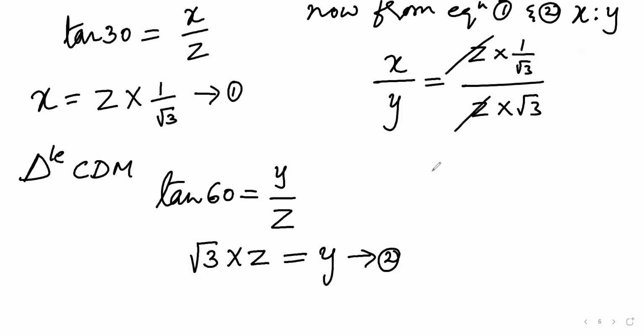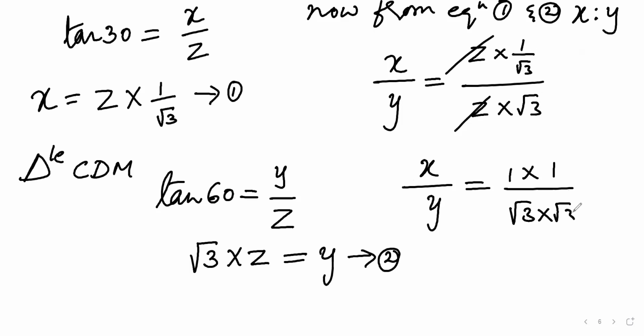So z and z will get cancelled here. So now x by y equals 1 into 1 divided by root 3 into root 3. This root 3 will come down. So root 3 into root 3 is what? Root 3 whole square. That is 1 by root 3 whole square, means the square and square root will get cancelled each other. So we are left with 3.